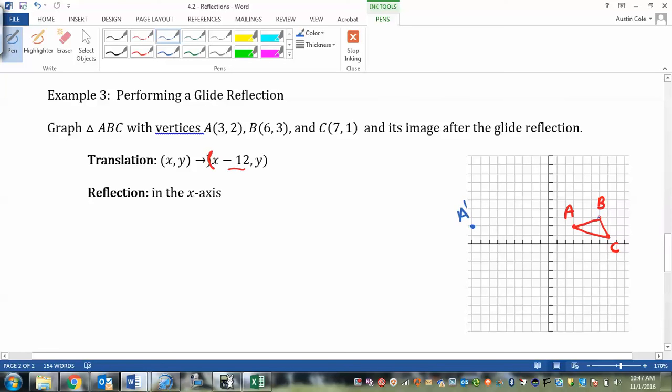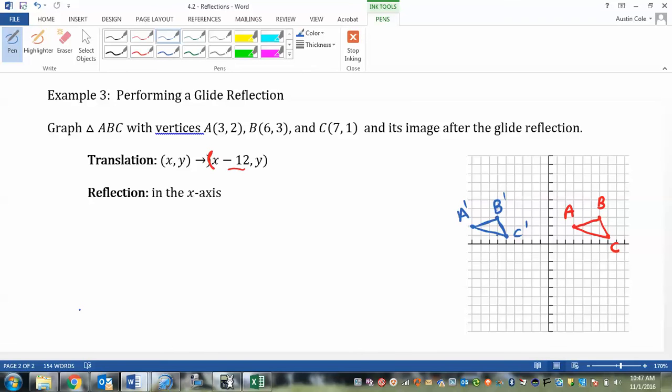B then would be right there. Now, has the size or shape changed? No, and it shouldn't. Okay, so make sure that's the case before we reflect it.